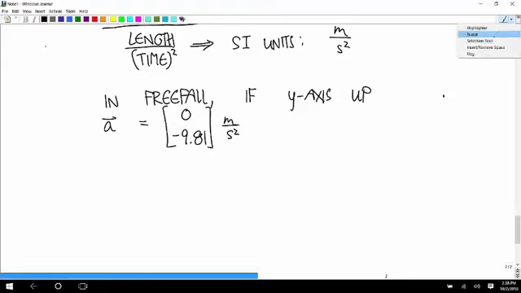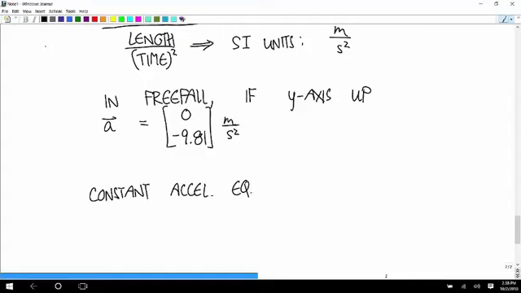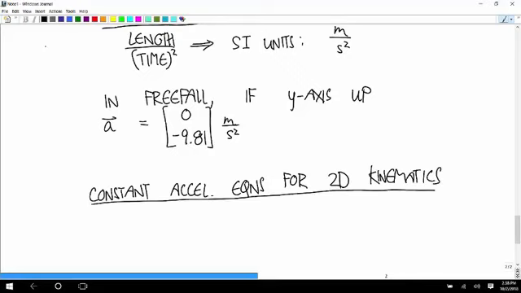So here are the constant acceleration equations for two-dimensional kinematics. And we're still only dealing with particles.